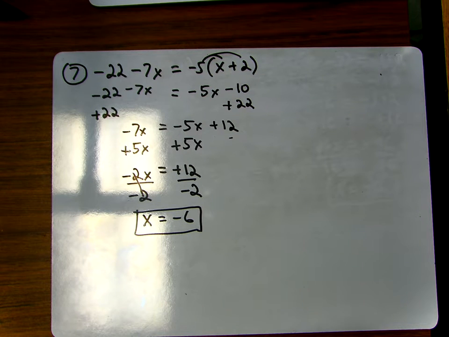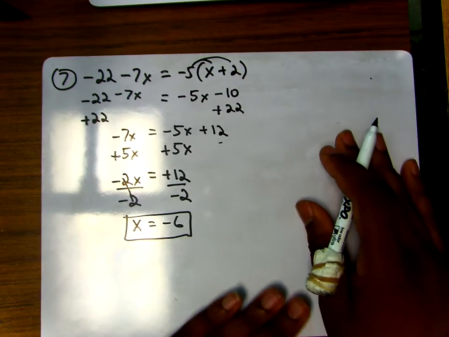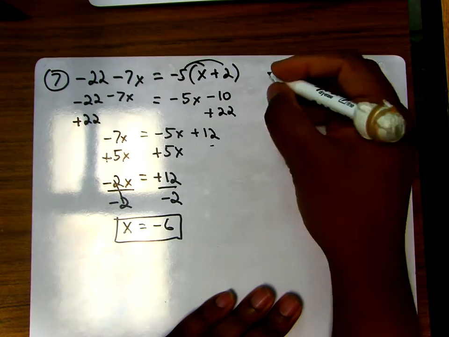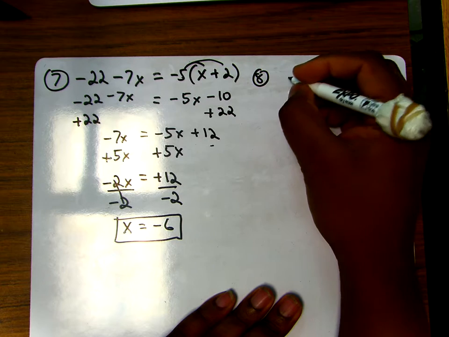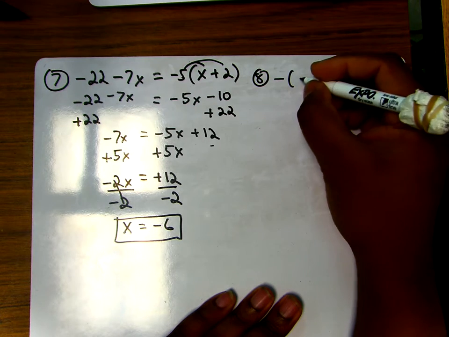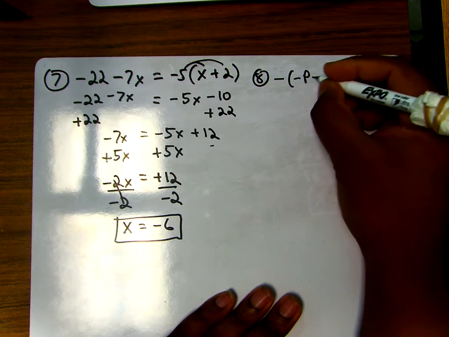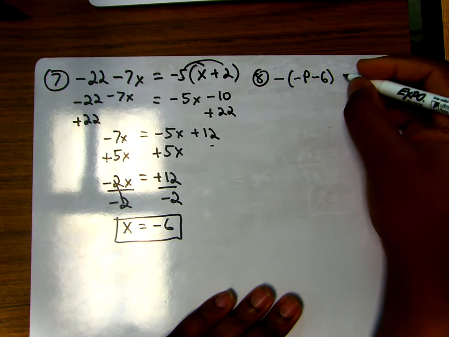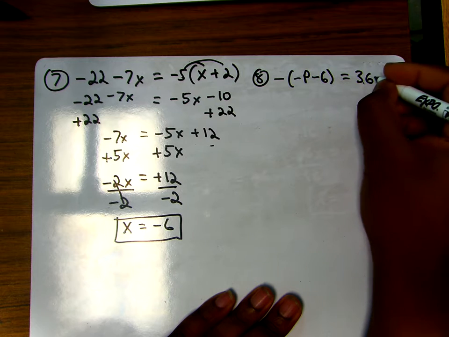But I want to go ahead and give you a couple more practice problems. So one would be number 8, which would be a negative times -p minus 6 is equal to 36 minus 5.